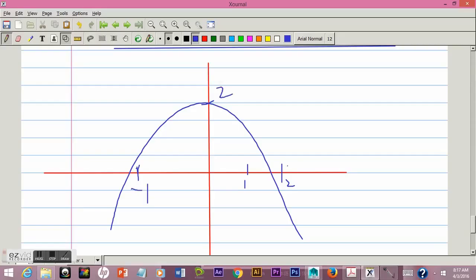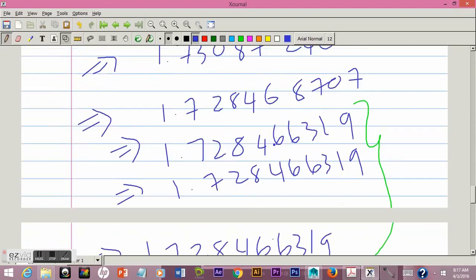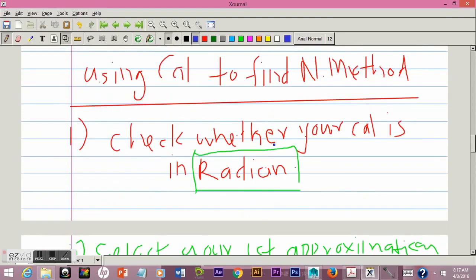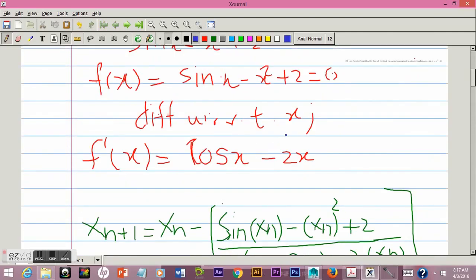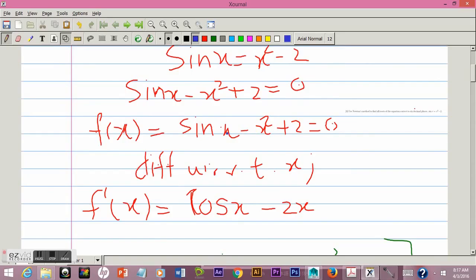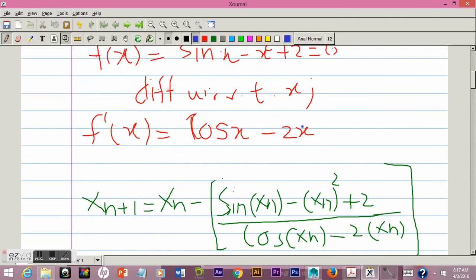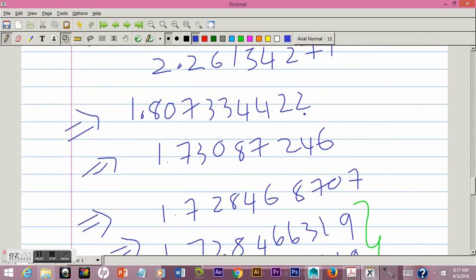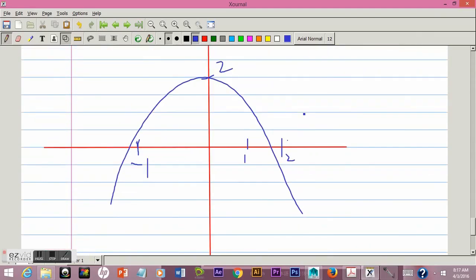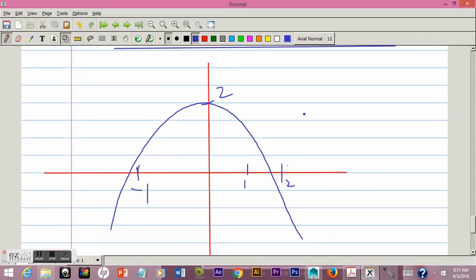So this is the function we will get if you plot the graph for this function: y equal to sin x minus x squared plus 2.